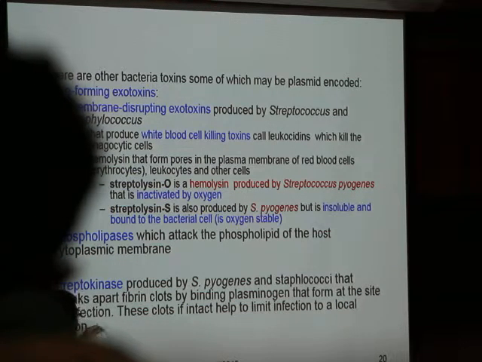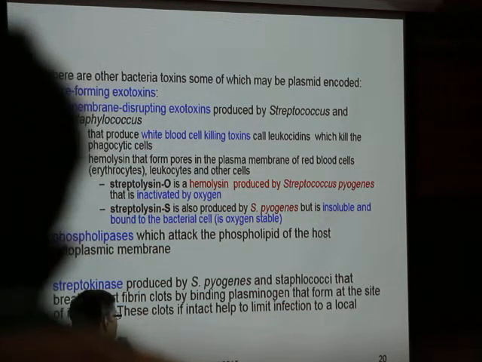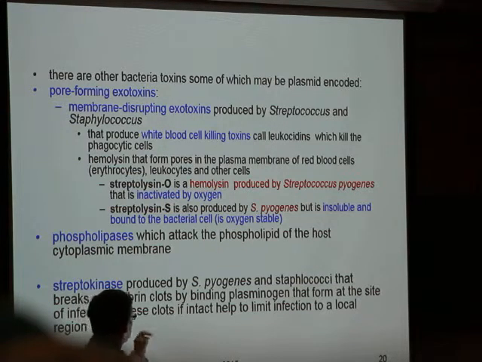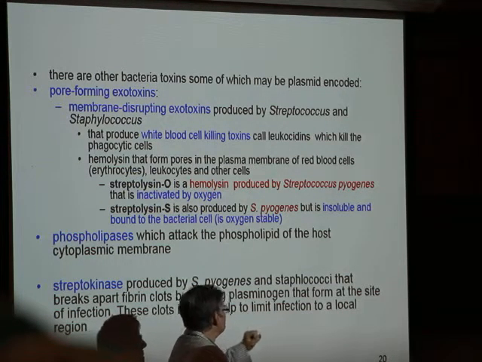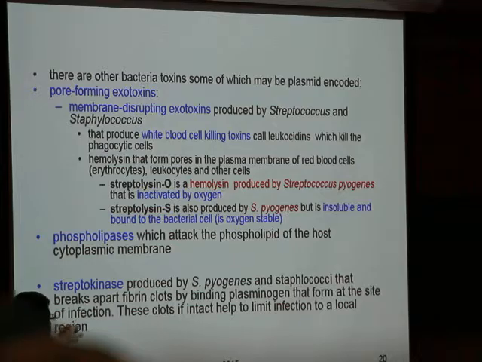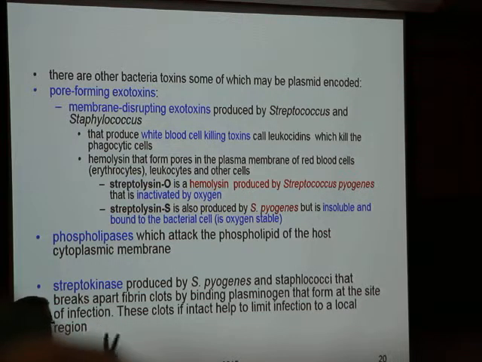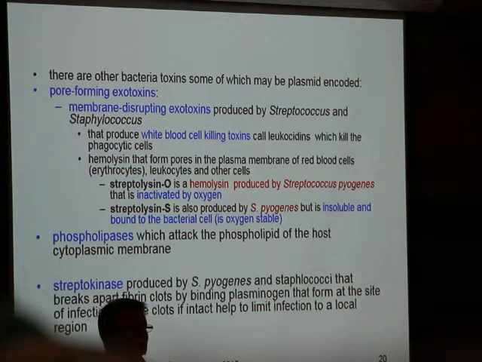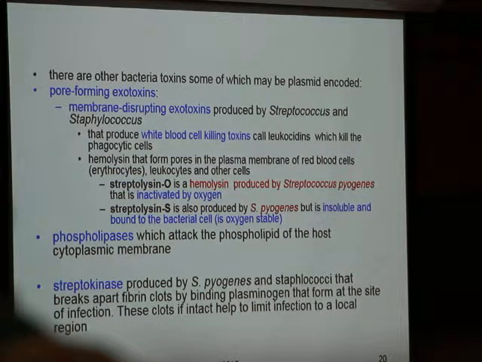Streptokinase actually breaks apart fibrin clots. So basically it binds to plasminogen that forms at the site of infection and breaks the clot down. Part of the way in which we fight infections is that your body forms blood clots around a cut.